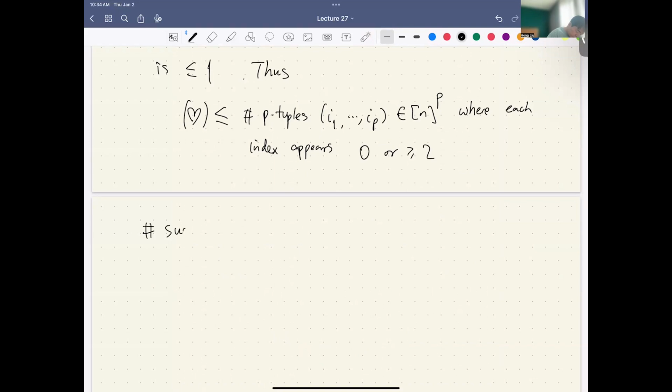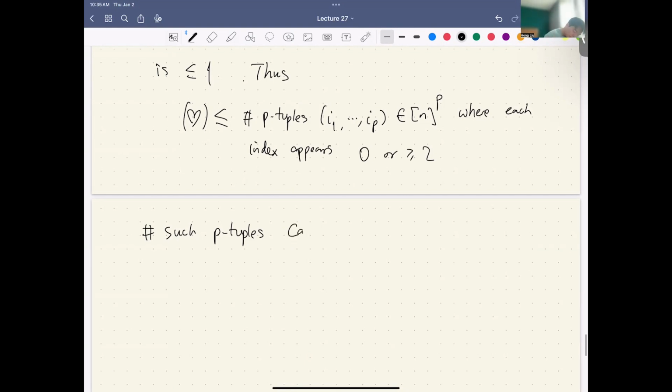I claim that it can be upper bounded as follows.